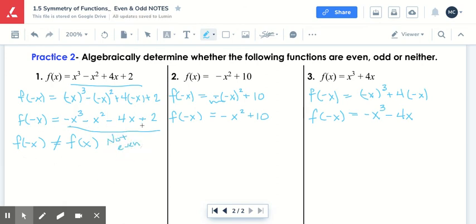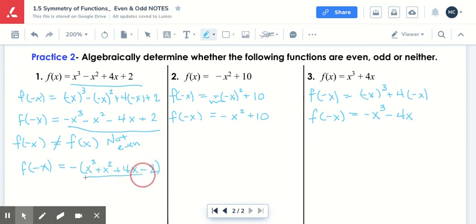Next, I would want to compare this one here. I'm going to factor out a negative from the entire function there. So I'm going to take f of negative x, and I'm going to factor out a negative. So that would change the signs on everything here. That's going to make this x cubed plus x squared plus 4x, and then minus 2.